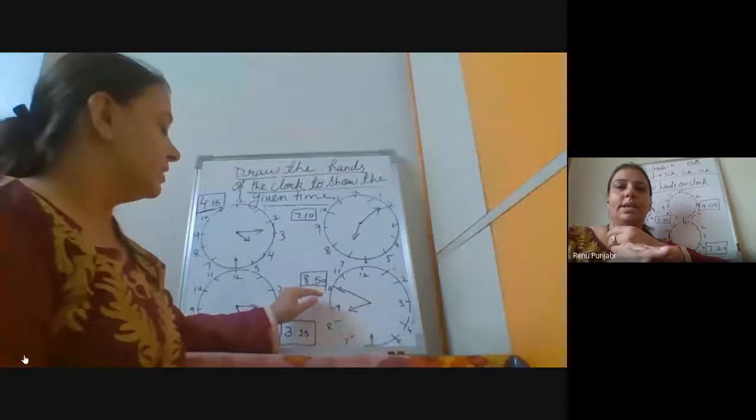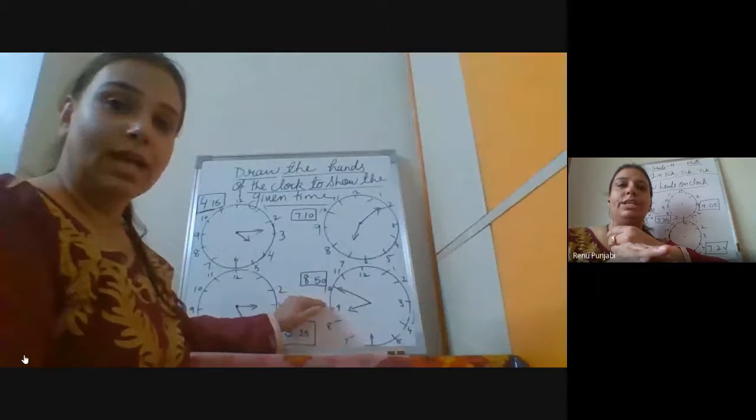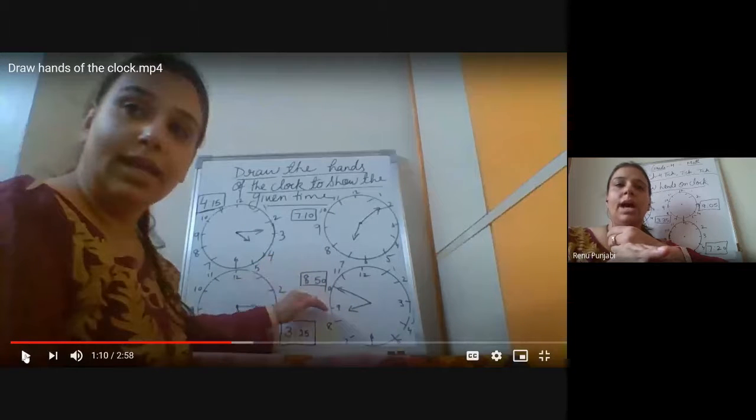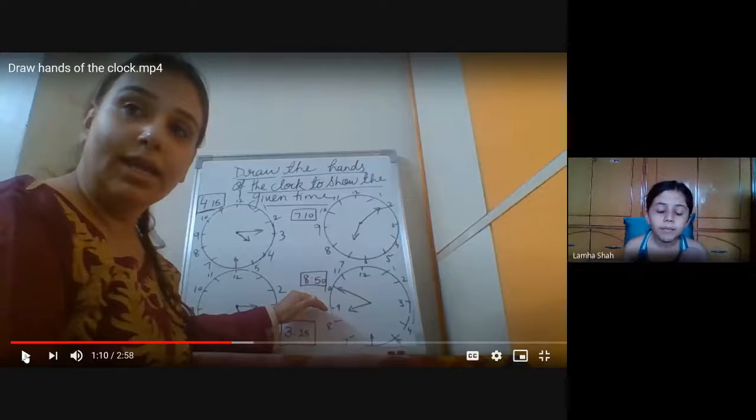Go to the next time, that is 8:50. How will we show this time on the clock? Lamha, switch on your microphone. Yes, ma'am. Now tell me, Lamha, where will be the short hand in 8:50 when you want to mark it on the clock? Ma'am, the short hand will be between 8 and 9 and nearer to 9.